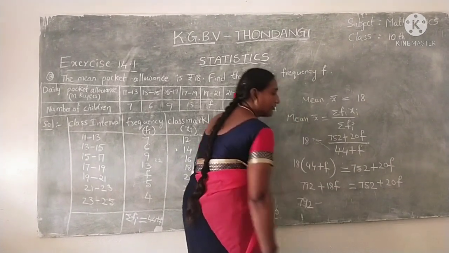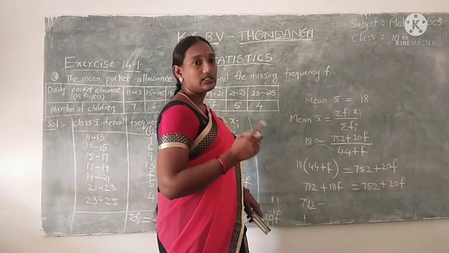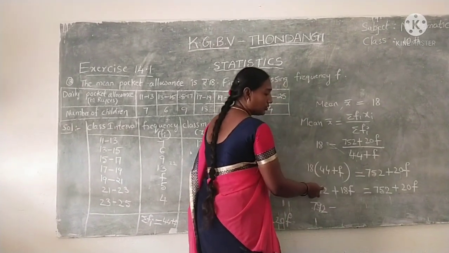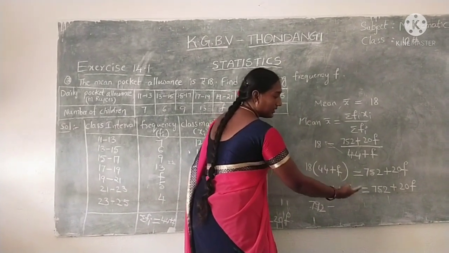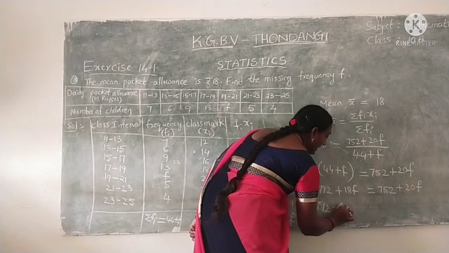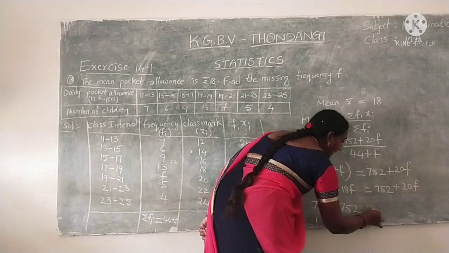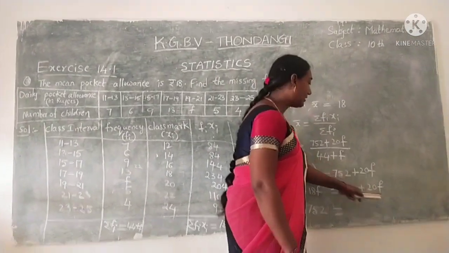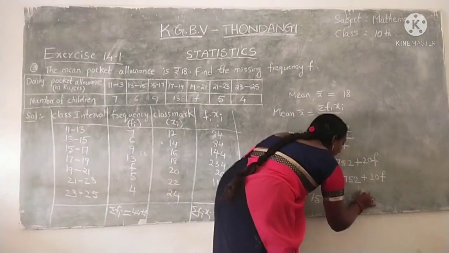The sign of the 752 is changed. Here it is a positive value. When it transposes to the LHS side, it becomes a negative value. That is minus 752. And in the right side, we have 20f.